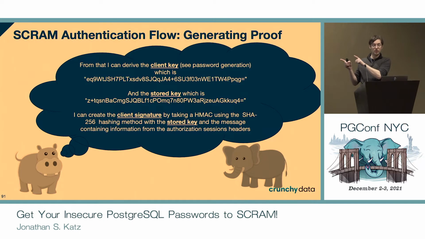Now, we know that Postgres and that SCRAM verifier does have that stored key saved on the server. But what we're going to do is create something called a client signature. The client signature is an HMAC of some information that we're going to find in what's called the authentication message, using the stored key as the signing element.